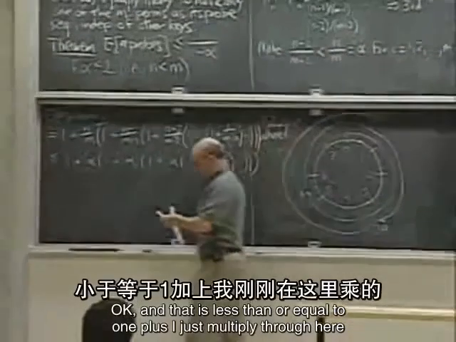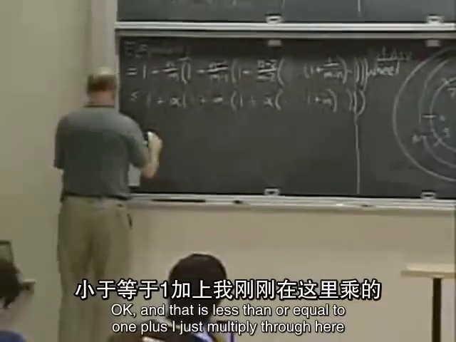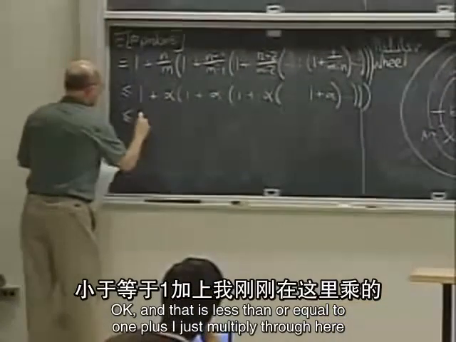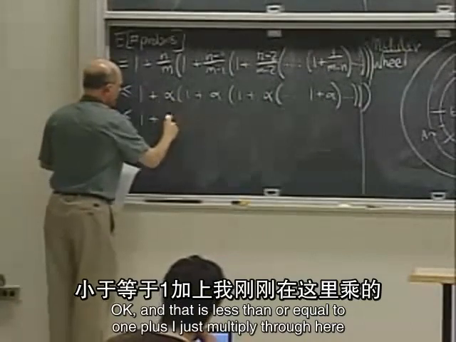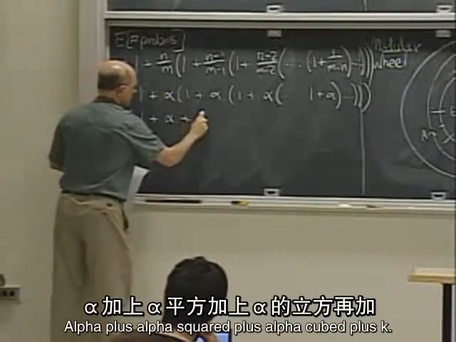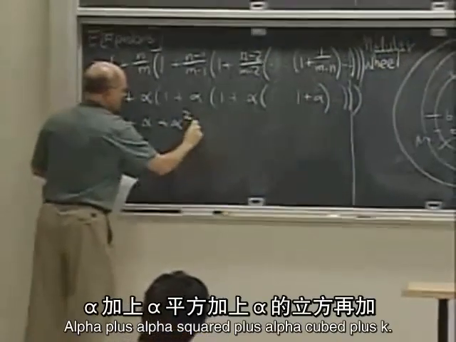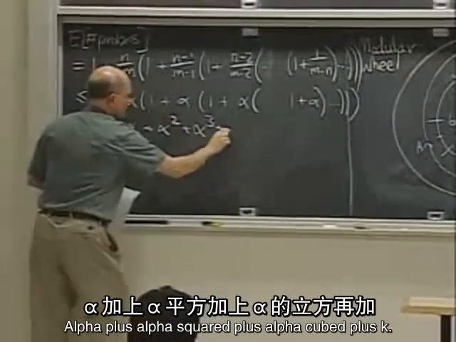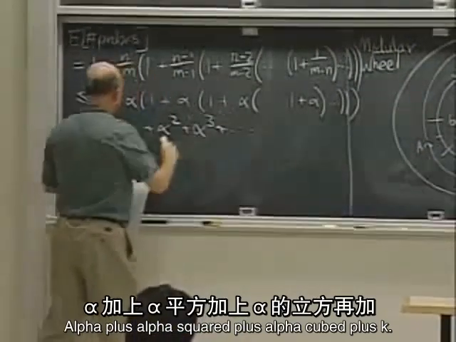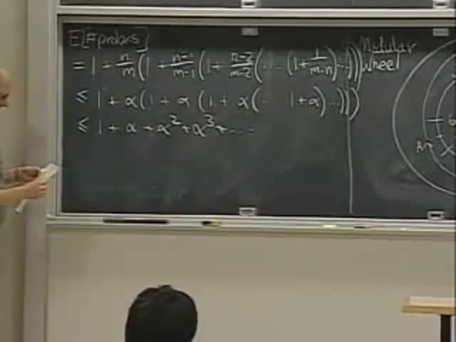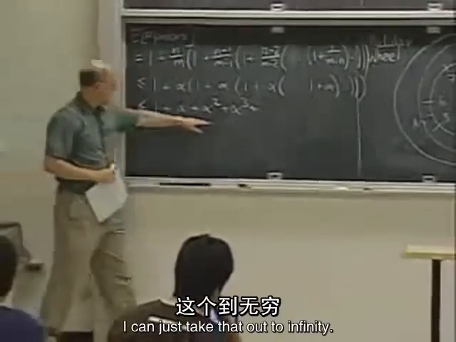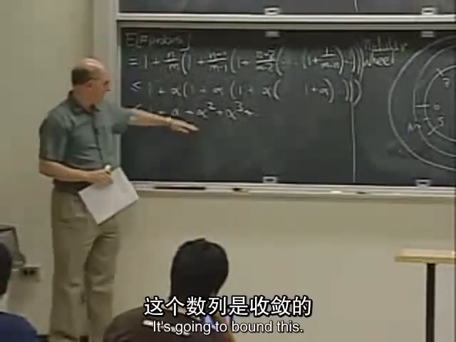Okay? And that is less than or equal to 1 plus, I just multiply through here, alpha plus alpha squared plus alpha cubed plus, okay? And I can just take that out to infinity. It's going to bound this.